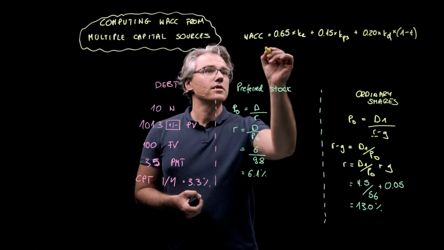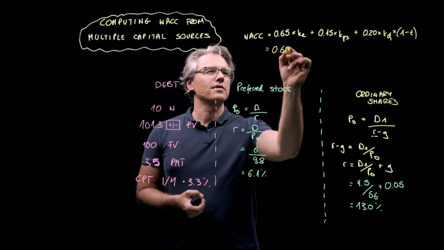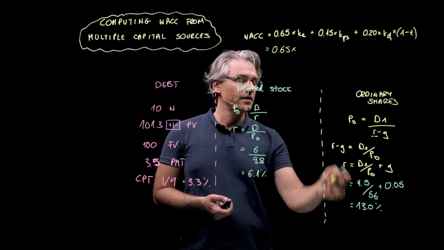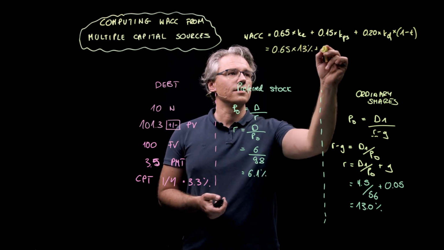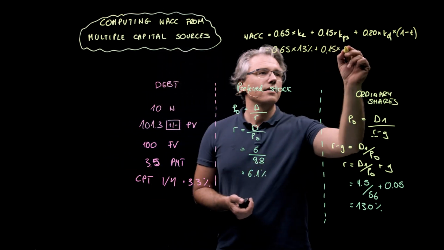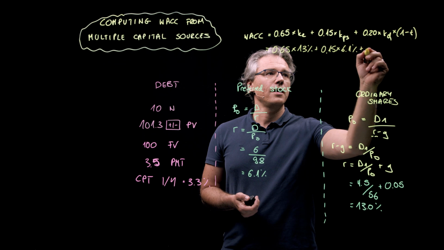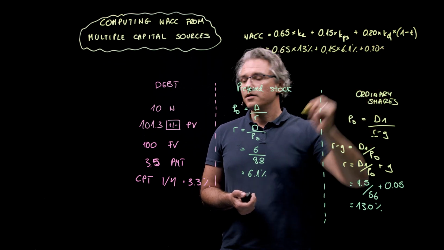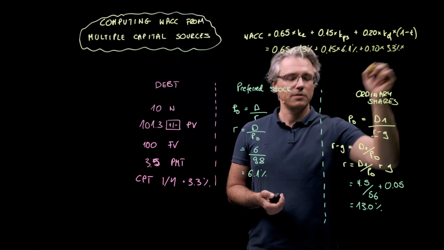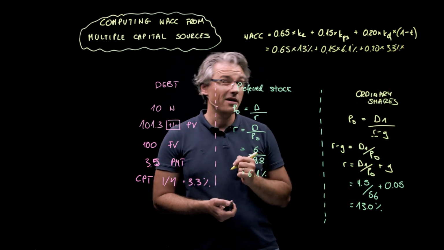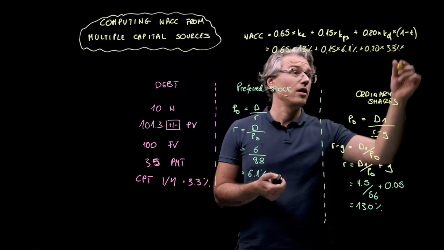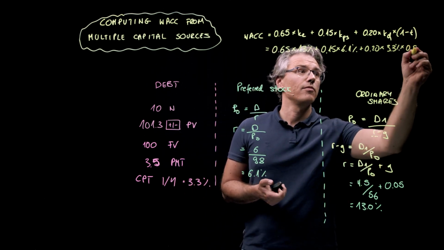I've got 0.65 times the cost of equity, 13%, plus 0.15 times the cost of preferred shares, that was 6.1%, and 0.20 times the cost of debt, 3.3%, but multiplied by 1 minus the tax rate. The tax rate provided in the question was 20%, so 1 minus that is 0.8.